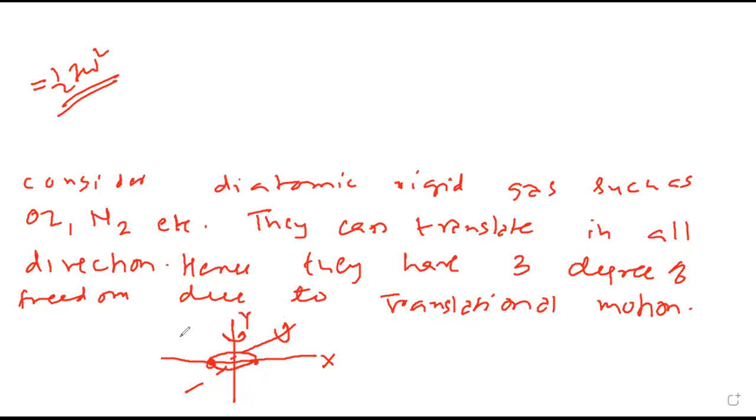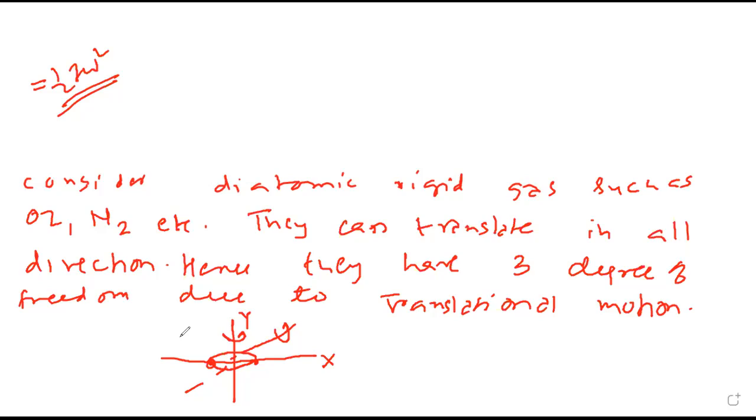When you rotate about the axis, what will be its moment of inertia? Will it be zero? Because they are on the axis. So what will be the rotational kinetic energy? Zero. Again, understand what I'm saying. Suppose I take a pencil, and the two molecules are on it. If I rotate the pencil at the same place, the rotational kinetic energy will be zero, no? Because their distance from the axis of rotation is zero.